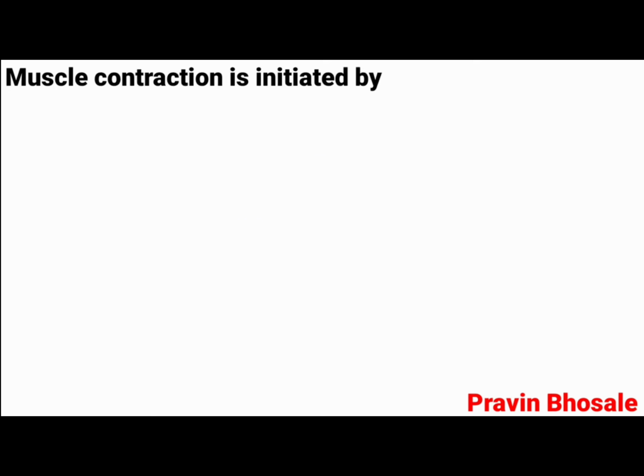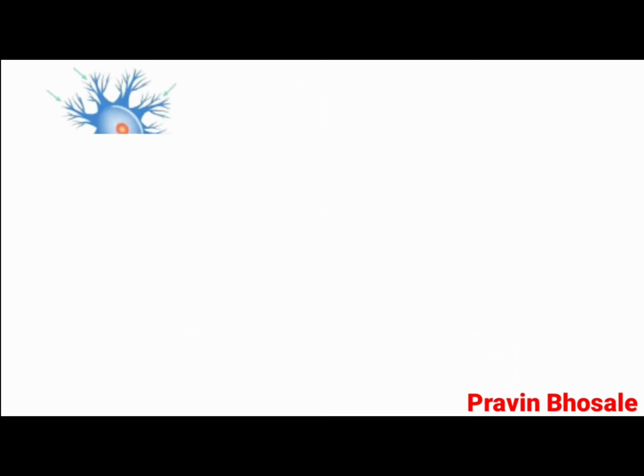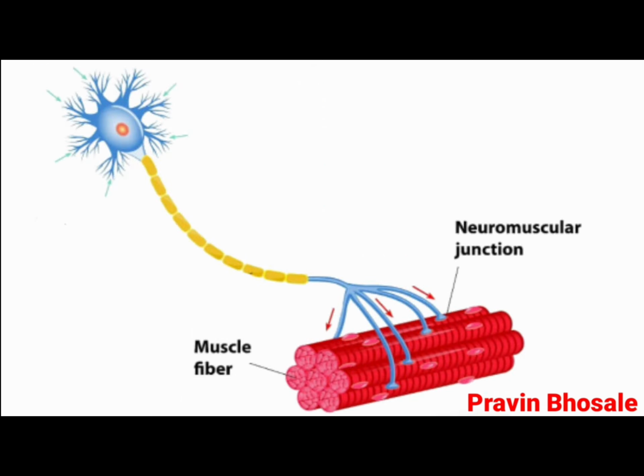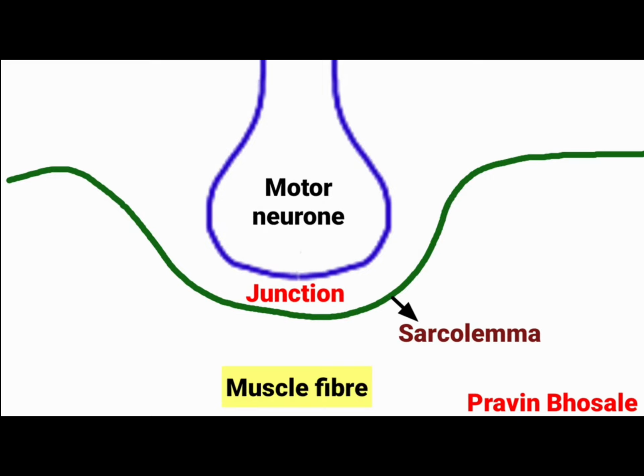Muscle contraction is initiated by a signal sent by the central nervous system via a motor neuron. A motor neuron along with the muscle fibers connected to it constitutes a motor unit. The junction between a motor neuron and the sarcolemma of the muscle fiber is called the neuromuscular junction.